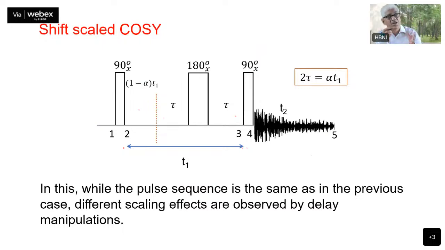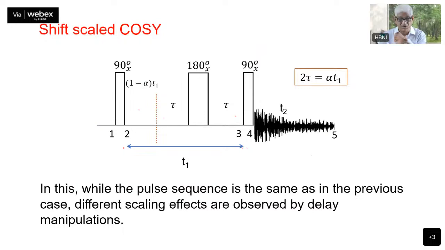Therefore, it will appear as though the chemical shifts are scaled down. The separation between the peaks is decreased, but not in the fine structure. The fine structure remains the same because the coupling constant evolves for the whole period T1. Therefore, the coupling constant remains the same, but the chemical shift appears scaled down by the factor 1 minus alpha.